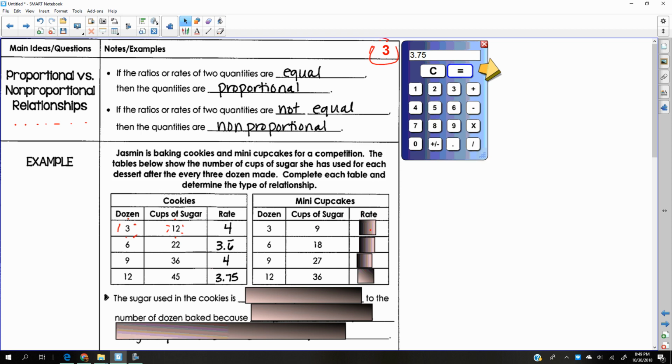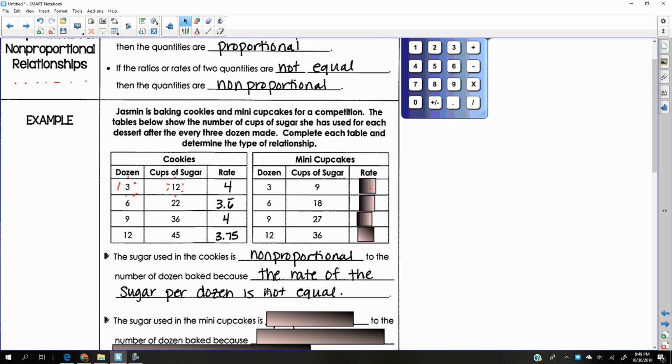So you see all the different rates there? They would be said to be non-proportional. The sugar used in the cookies is non-proportional to the number of dozen baked, because the rate of the sugar per dozen is not equal. So it's not proportionate.